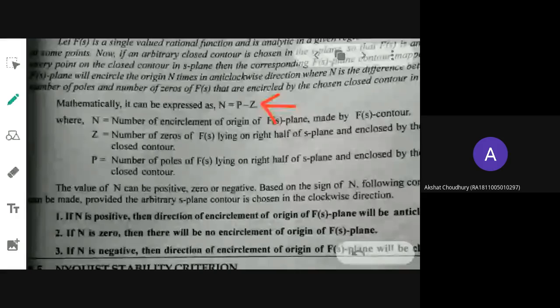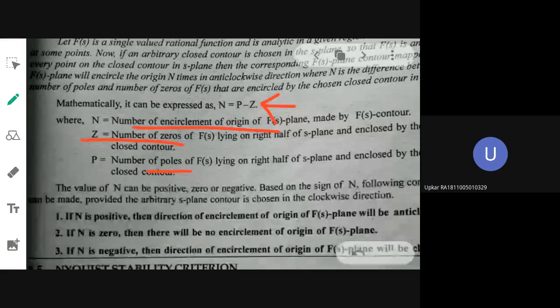P represents your number of poles, Z represents your number of zeros, and N represents your number of encirclements around the origin point in your f of S-plane. What is the formula for N? N equals P minus Z. N is the number of encirclements around the origin, P is the number of poles, and Z is the number of zeros. So the number of encirclements is given by the difference between poles and zeros.